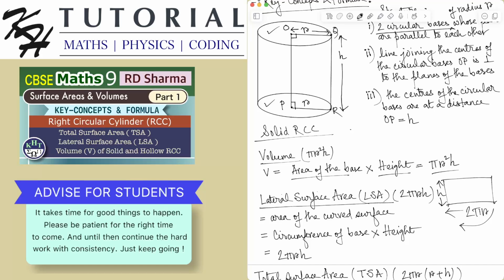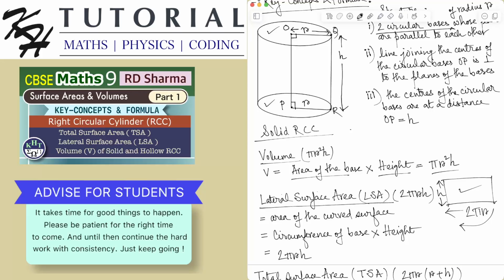If you unfold it, if you flatten the curved surface of an RCC, you will see that it will be a rectangle whose length is 2 pi r and width is h. Okay, and since the area of this rectangle is length into breadth, it is 2 pi r h. So that is the reason we have the lateral surface area as 2 pi r h.